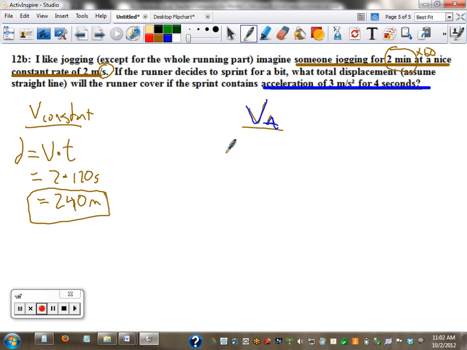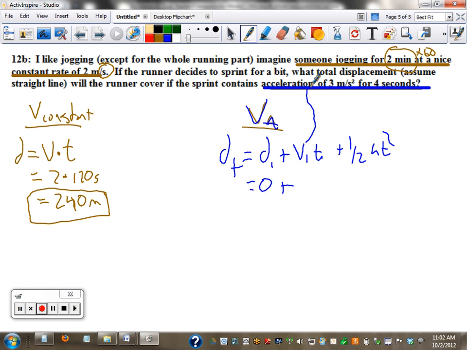Well, I need to find distance. We'll call distance initial 0 for the sake of this class. Velocity initial times time plus 1/2 AT squared. Now this is 0 plus velocity initial. Well, how much was he running at before he started speeding up?